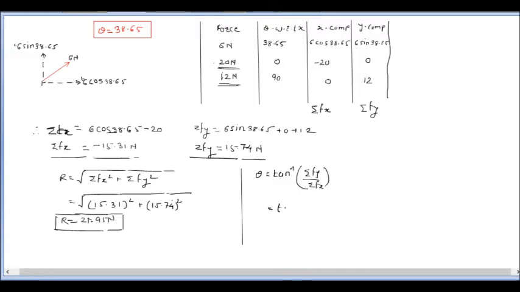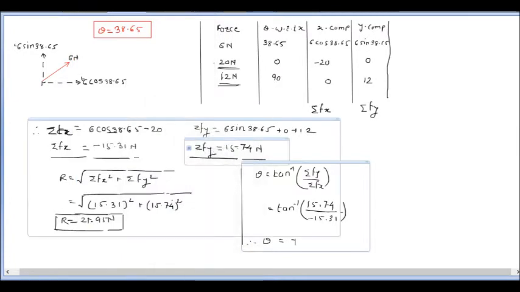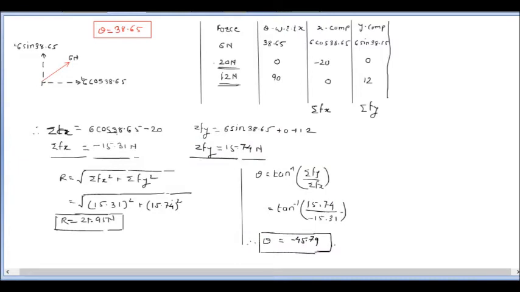This is equal to tan inverse of 15.74 divided by minus 15.31. Theta will be equal to 45.79.